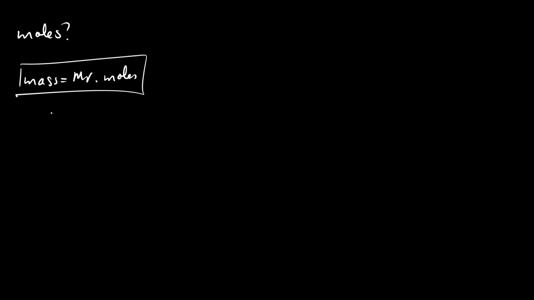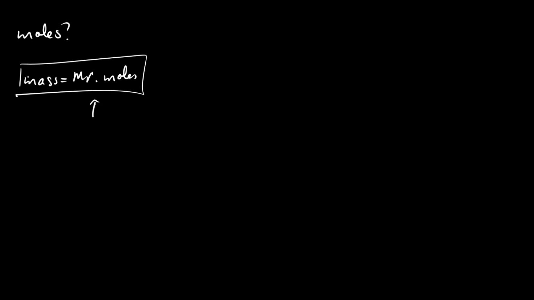Now, the next thing I'm going to teach you guys is this formula: mass equals Mr times moles. The dot is in reference to multiplication, and Mr is the total of the atomic masses of the constituent elements in a compound, or if it's the element itself.